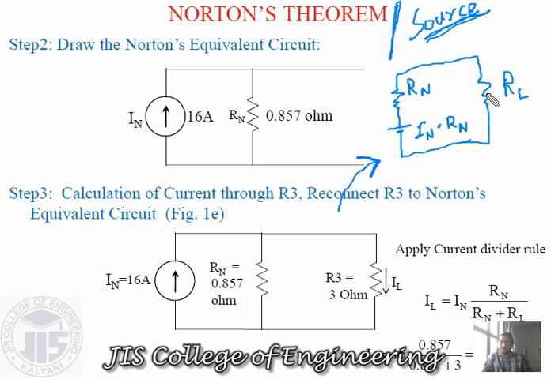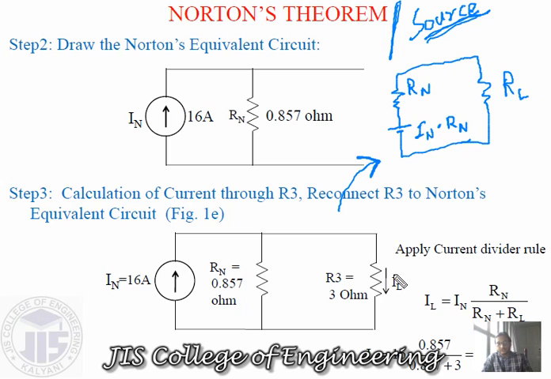Now for the overall circuit, for Thevenin's theorem, the circuit is represented as a voltage source in series with a resistance and again in series with the load resistance. That is the Thevenin's theorem representation. For Norton's theorem, it is a current source in parallel with the Norton resistance, and again in parallel with the load resistance.